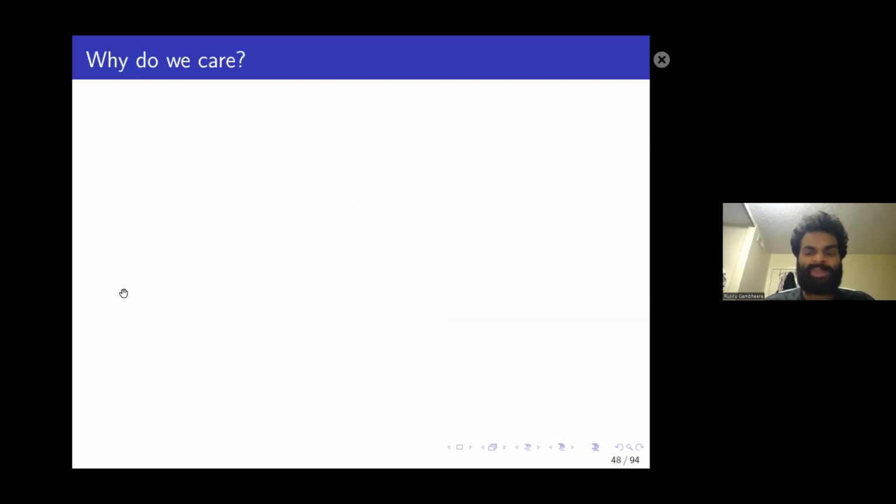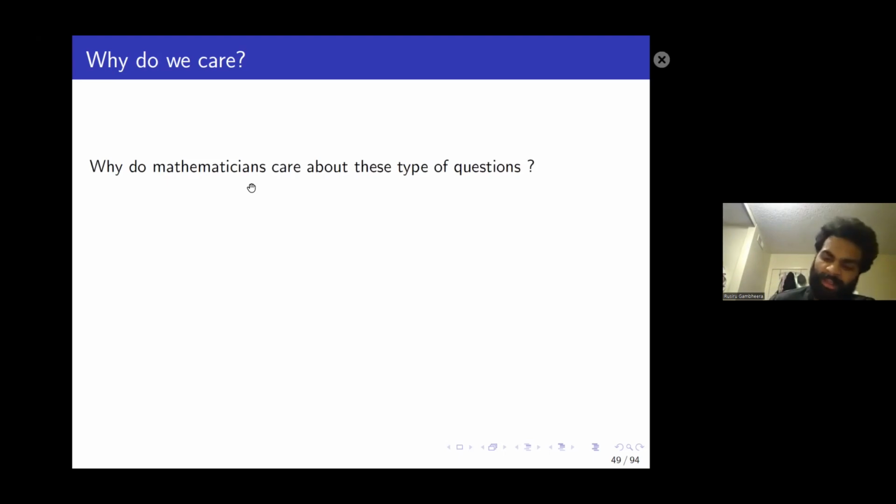All right. So we are studying integers, but why do we care about these things? That's a good question you might already have in mind right now. So let me break this question into two pieces. Why do mathematicians care about these types of questions? For almost all the mathematicians I know, the reason is mathematical curiosity.